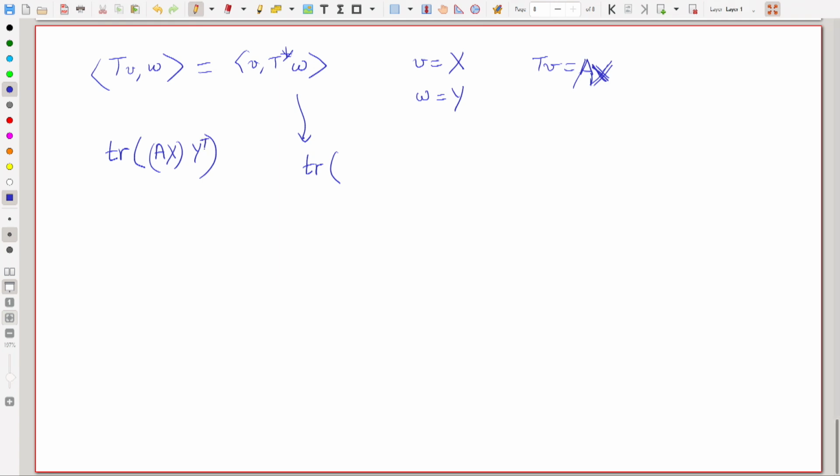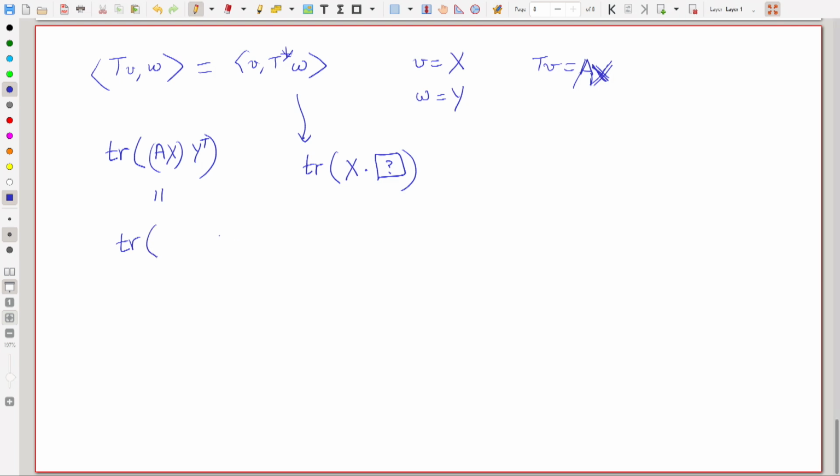The right hand side should look like trace of, the v is now just X, so it is trace of X into what? I should be able to find this, and that is what my T star will be. So how do I massage what is on the left hand side to bring it to that? What property of trace are we going to use?